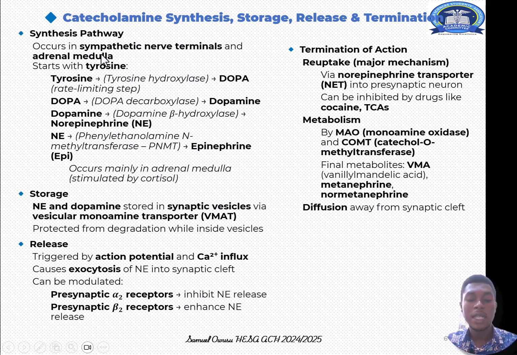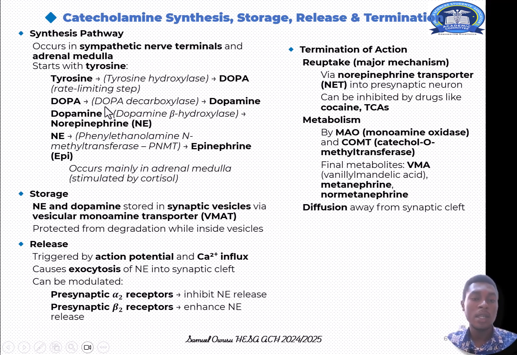Remember, we also said that the adrenal medulla can also release norepinephrine and epinephrine, but we can also synthesize some of them at the nerve terminals. Okay, so take note of the main pathways. Tyrosine is converted to dopa by tyrosine hydroxylase, and this dopa is in turn metabolized by dopa carboxylase, which is an enzyme, to dopamine.